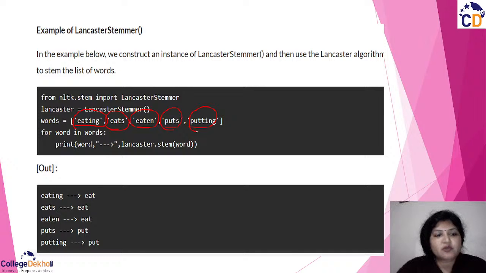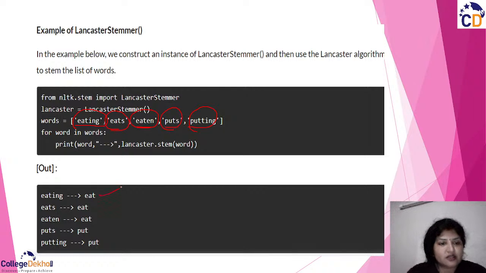So it might be possible that in this Lancaster stemmer, most of the words, when you get the base form, the base form would be a correct output, right? It is meaningful, it is itself representing all the words that are coming in the output string as meaningful base forms, right?